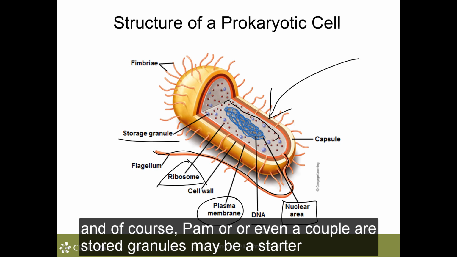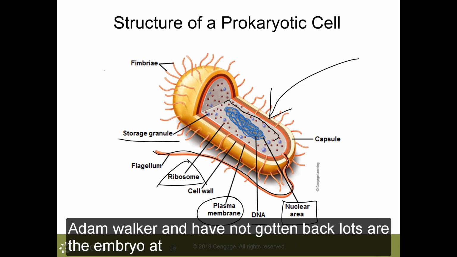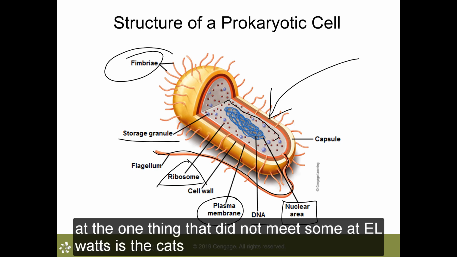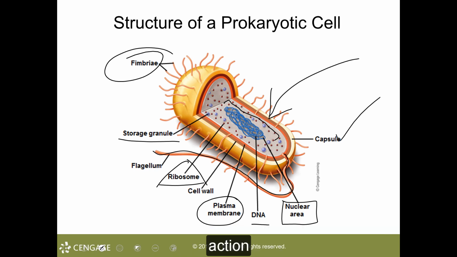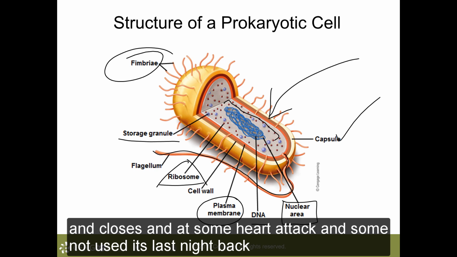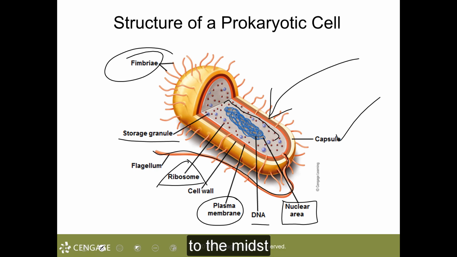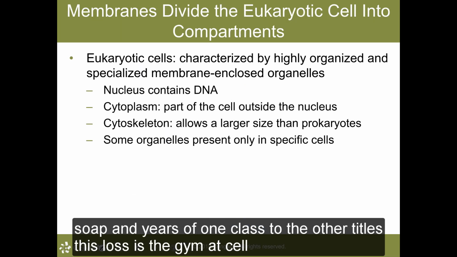And one thing I have not got to yet is the fimbriae. And one thing that I did not mention at all is the capsule, the capsule that encloses everything. Some have a capsule, and some do not. It just depends on that bacterium. This is the structure of the typical prokaryotic cell. Study it, please. From here, I'll move on to the other type of cell. This is the eukaryotic cell.